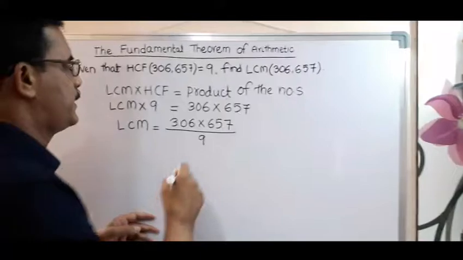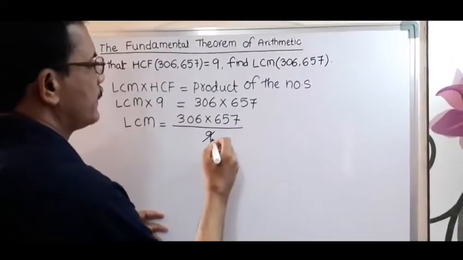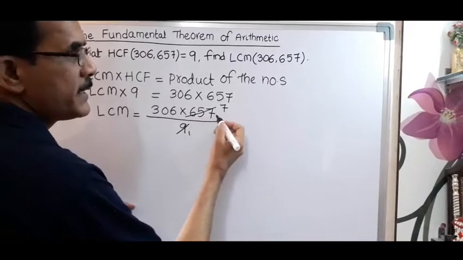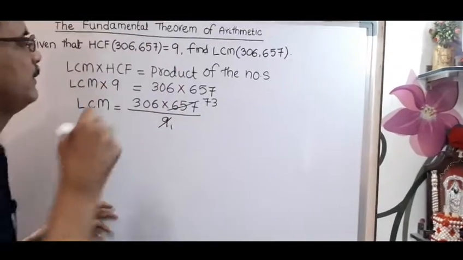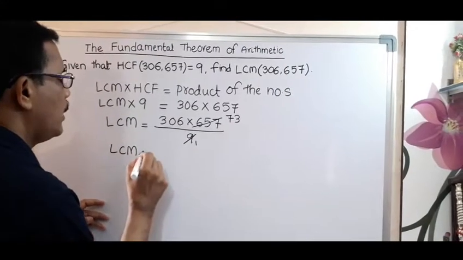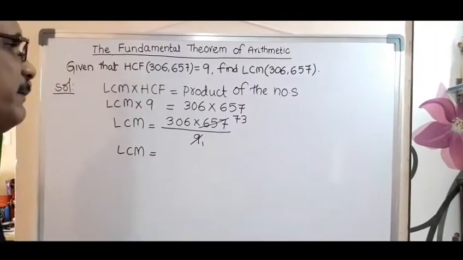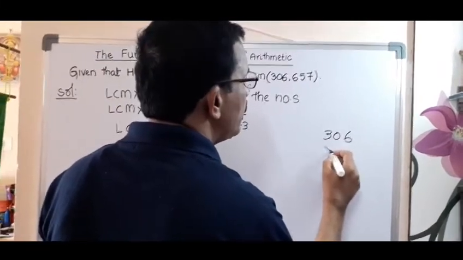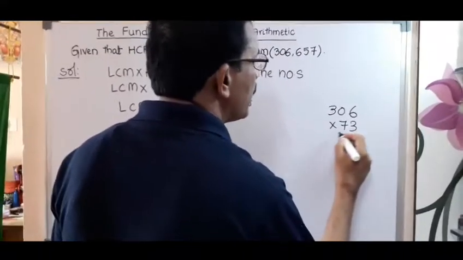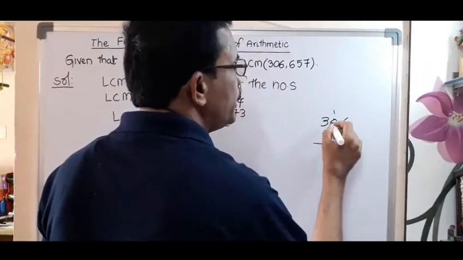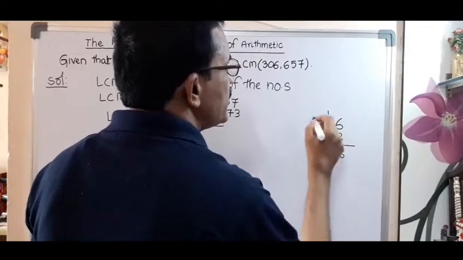Let us simplify it. 9 ones are 9, 9 sevens are 63, 9 threes are 27. LCM is equal to the product of 306 and 73. 306 into 73. 3 sixes are 18, 1 is carried, 3 into 0 is 0, plus 1 is 1, 3 threes are 9.